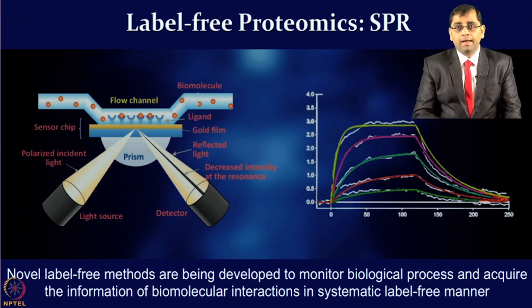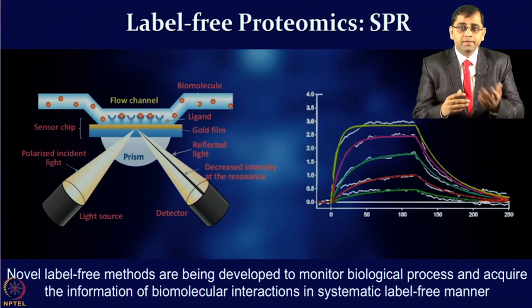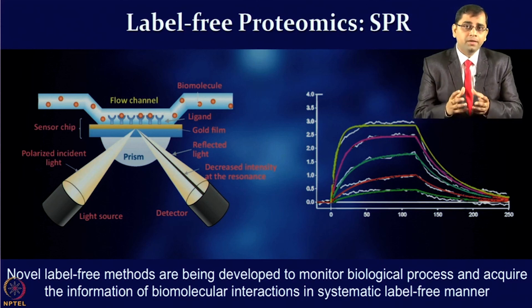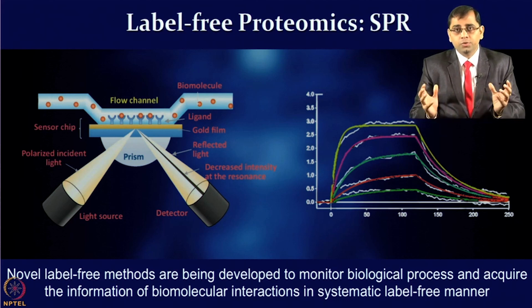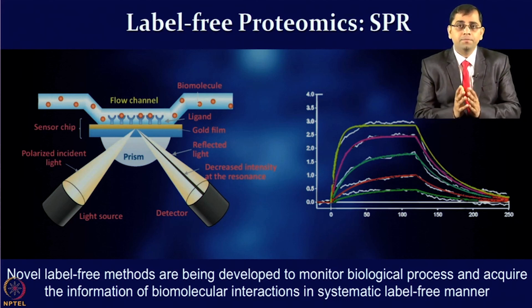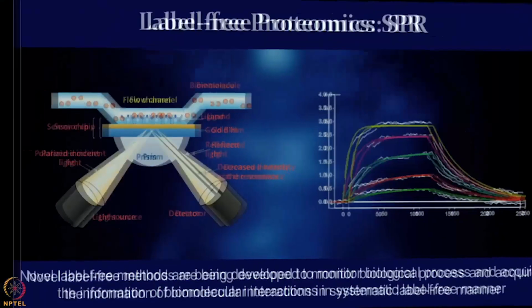You are not adding any fluorescent or radioactive tags to measure the binding interaction, but simply looking at the change in reflectance, the conductance change, or various interferometry based changes. Those all help us determine the binding happening in a label free manner. So, this is probably the most natural, closest thing which can happen without giving any artifact signal.